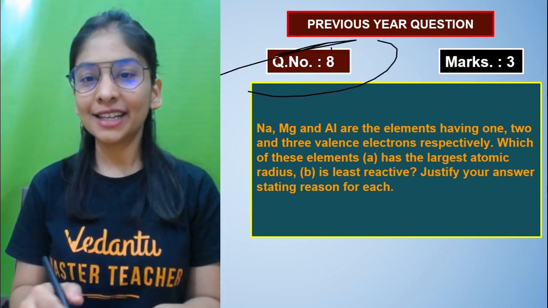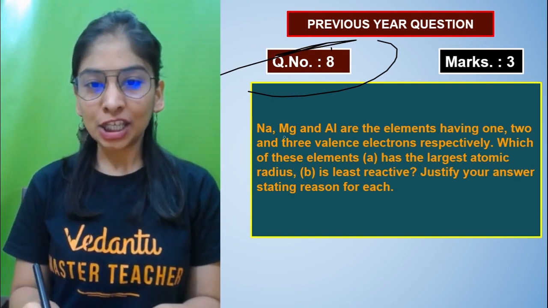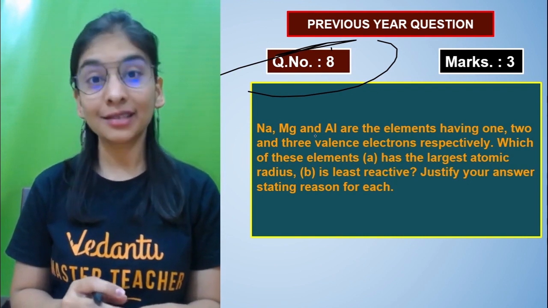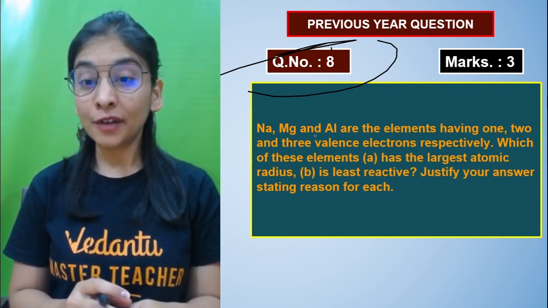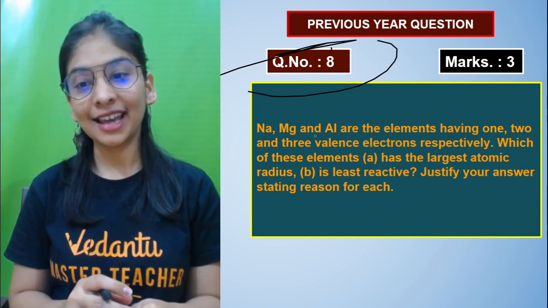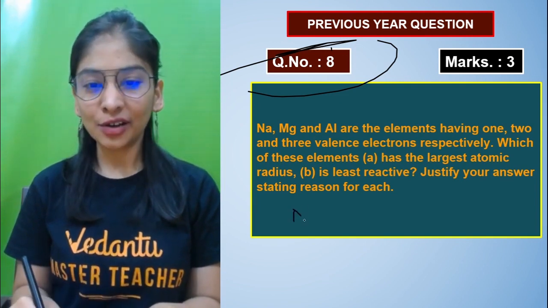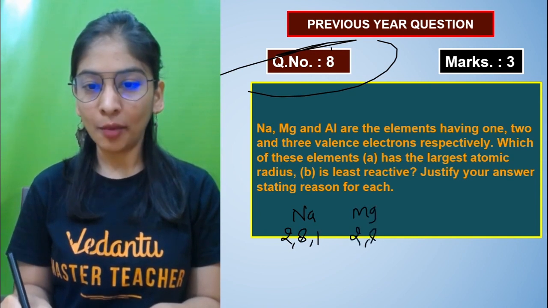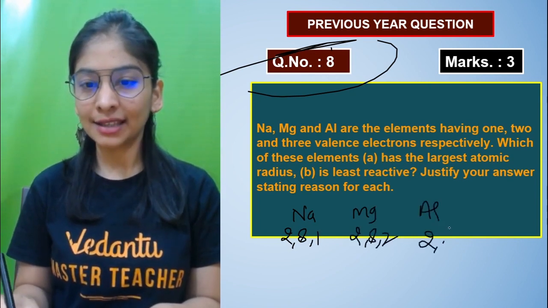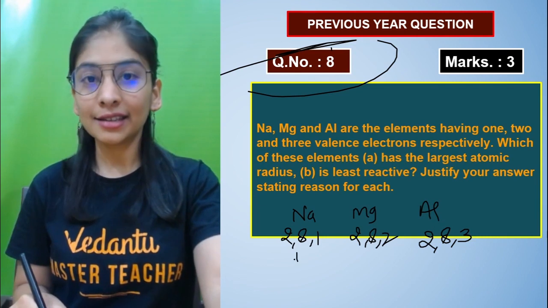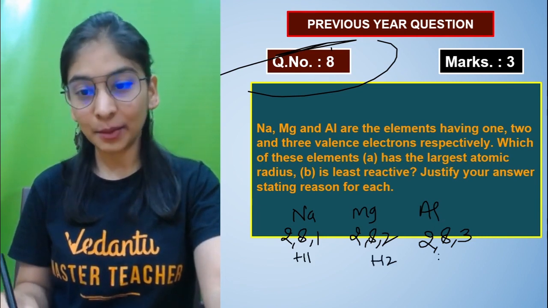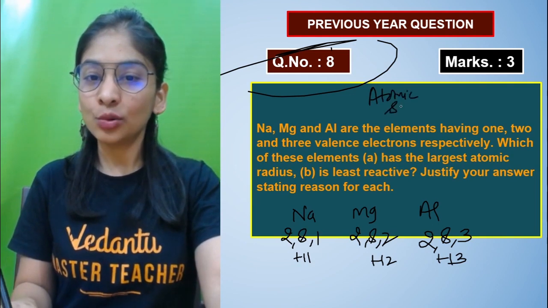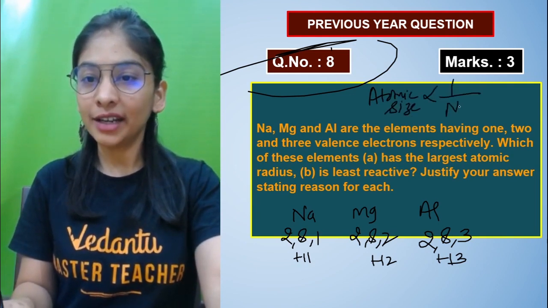Now question number 8 is again for 3 marks. Sodium, magnesium, aluminium are the elements having 1, 2 and 3 valence electrons, obviously elements of a period. Which of these has the largest atomic radius and is less reactive? I think we did that already, that when we move in a period, my atomic size is decreasing. The reason we discussed as well: nuclear charge is inversely proportional to atomic size or atomic radius.